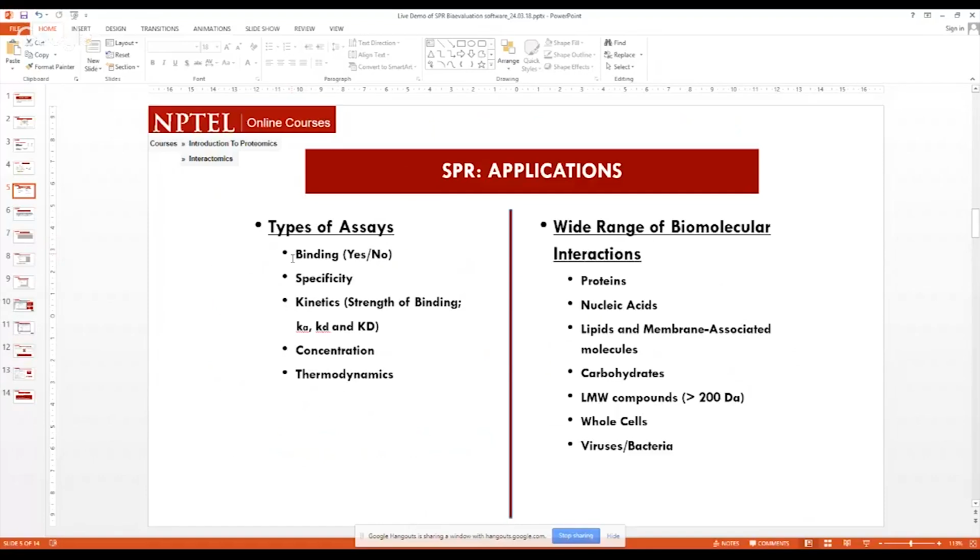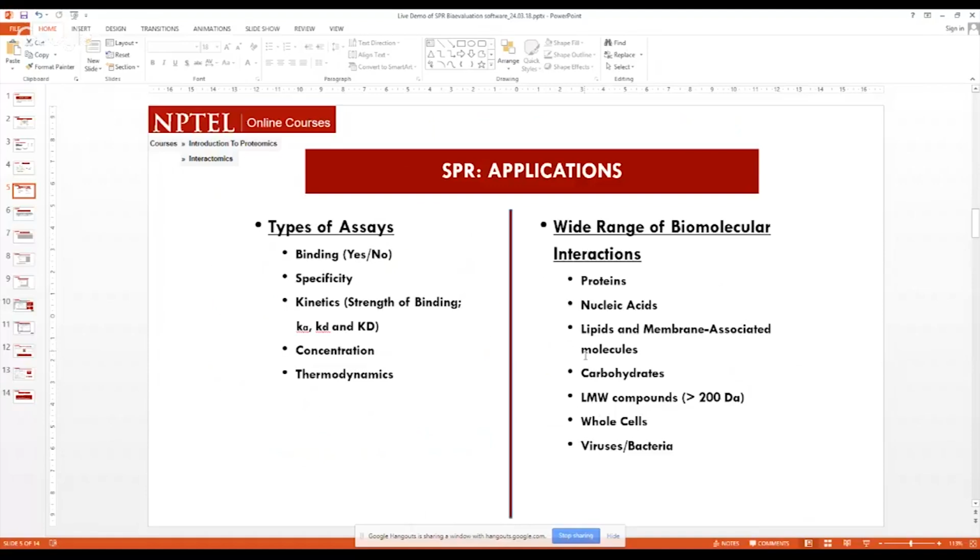The kind of information you get out of an SPR experiment is a yes-no binding, specificity, kinetics, which tells you the strength of binding. You get values for your on-rate, off-rate, affinity constants, concentrations, thermodynamics. And a wide range of biomolecular interactions can be studied. You can study proteins, nucleic acids, lipids, carbohydrates, and so on.